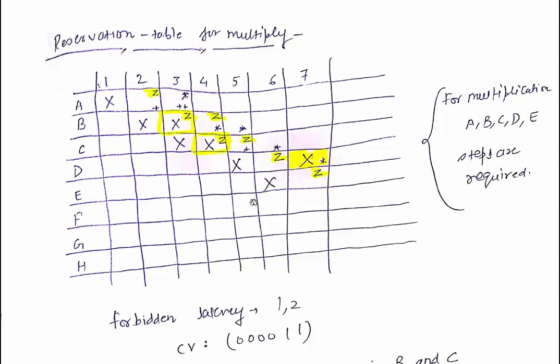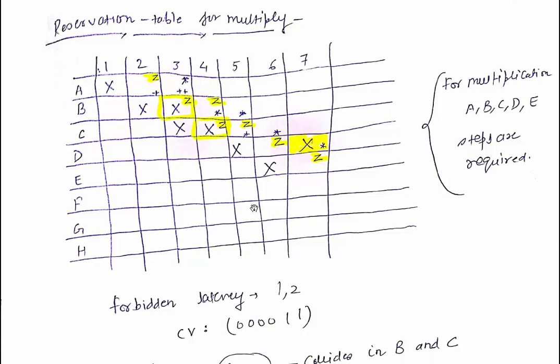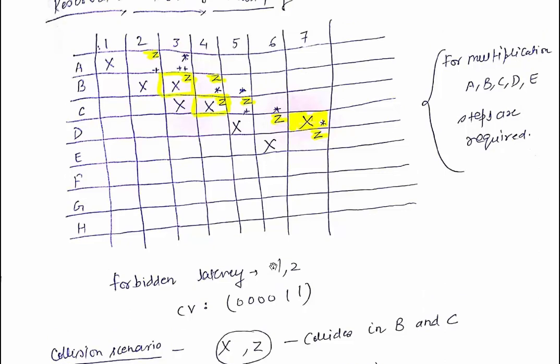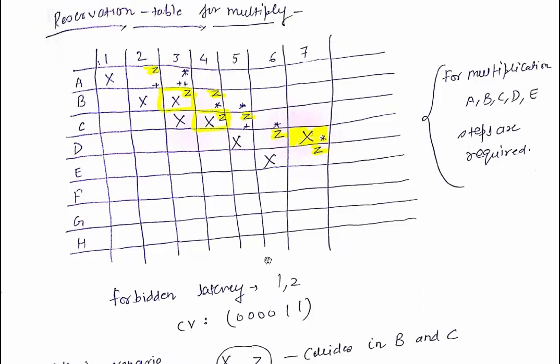Now please see that this is your forbidden latency. So 1 and 2 would be your forbidden latencies. So the collision vector would be 0 0 0 0 1 1. Now let's say I am going to shift by 1 or 2.